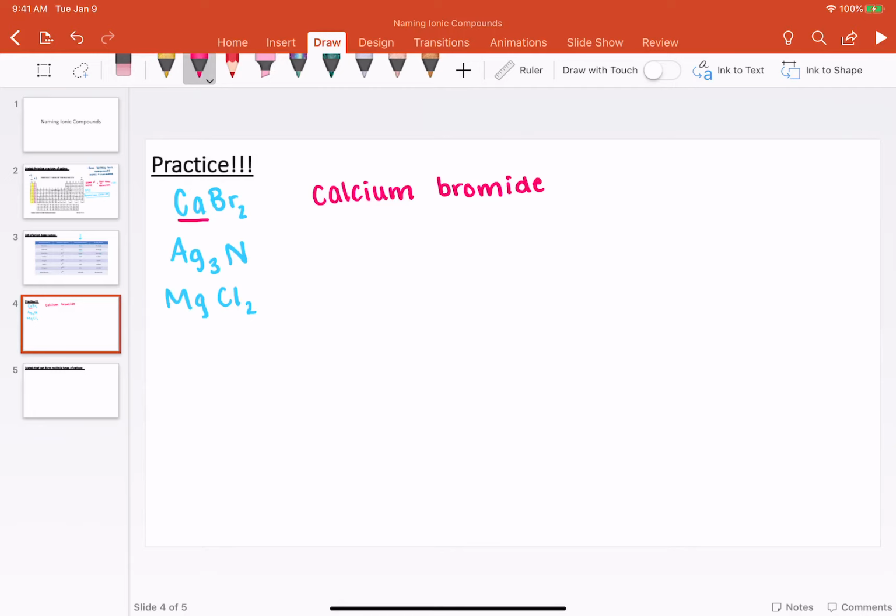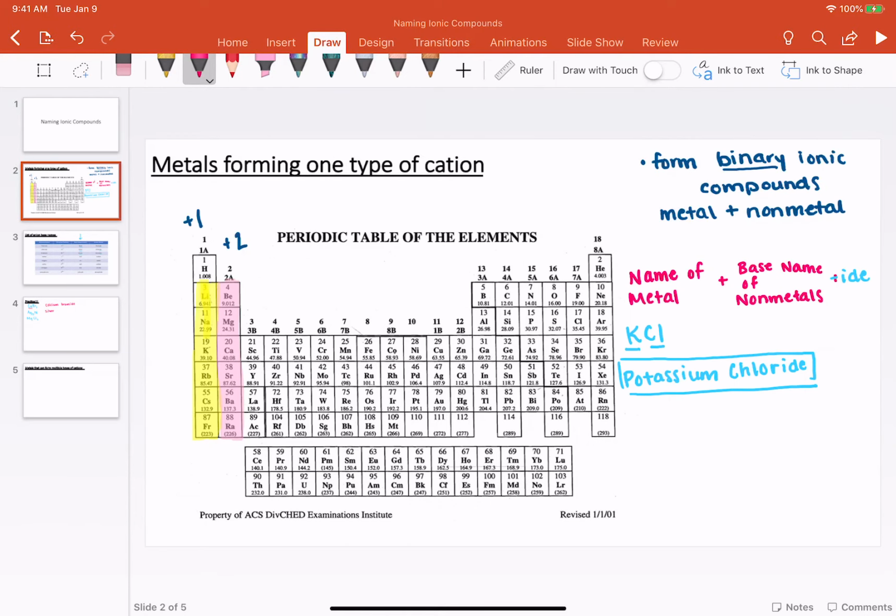For the next one, Ag, that one's actually really confusing because the name in English doesn't correspond to the chemical symbol. So Ag is actually silver. And you might say, oh, wow, there's something wrong here.